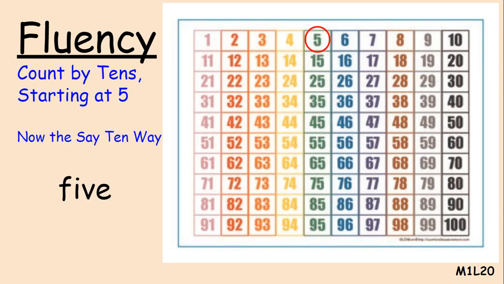Now we're going to do it the say 10 way. 5, 1 10 5, 2 10s 5, 3 10s 5, 4 10s 5, 5 10s 5, 6 10s 5, 7 10s 5, 8 10s 5, and 9 10s 5.